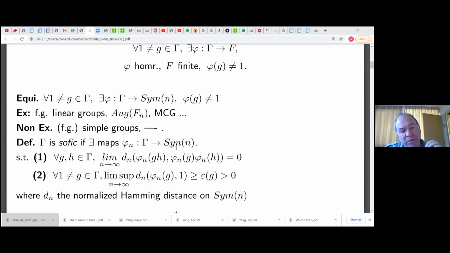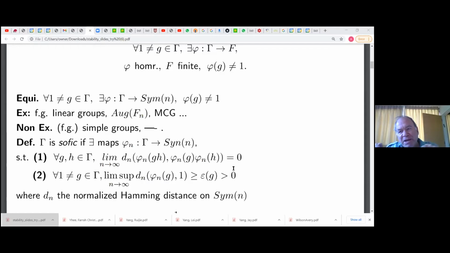Now, what I claim is that there are almost homomorphisms, asymptotic homomorphisms, namely, for every g and h in gamma, the limit when n goes to infinity of the distance between phi n of gh and phi n of g times phi n of h is zero.